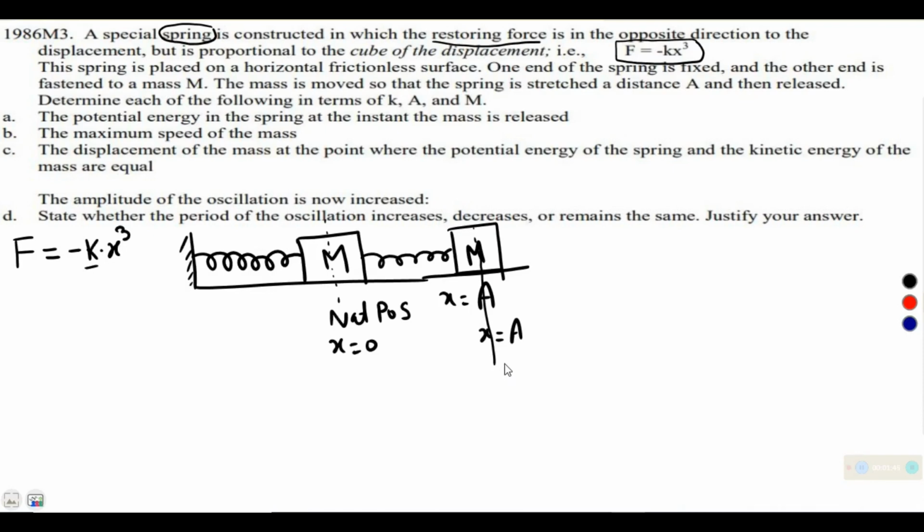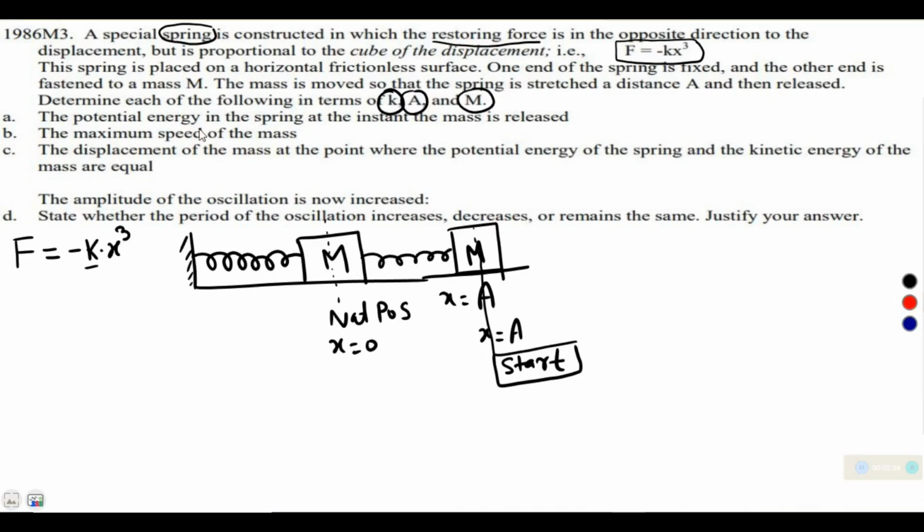So this is our starting position. Determine each of the following in terms of K, A and M. We have to find all answers in terms of K, A and M.